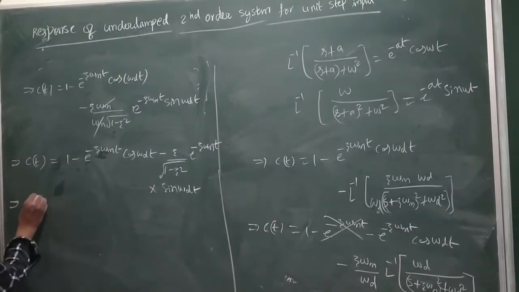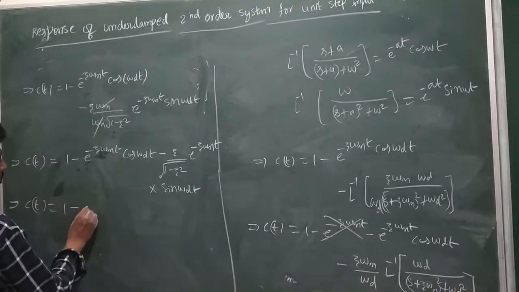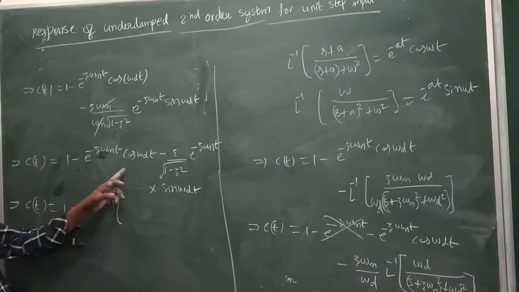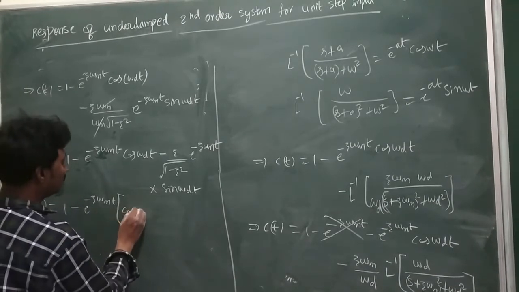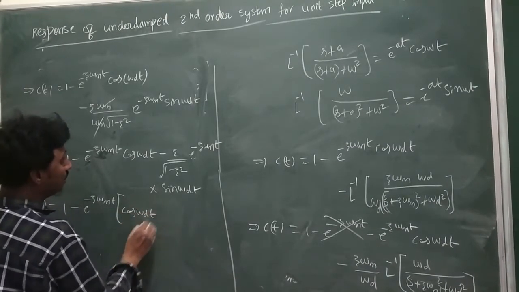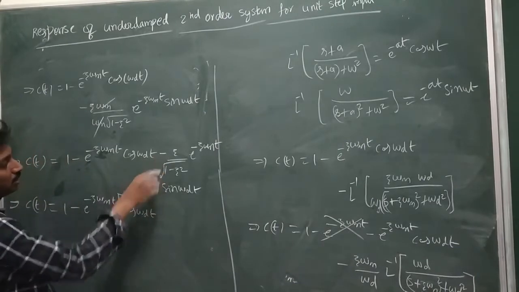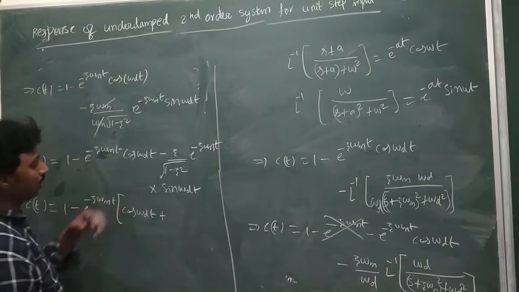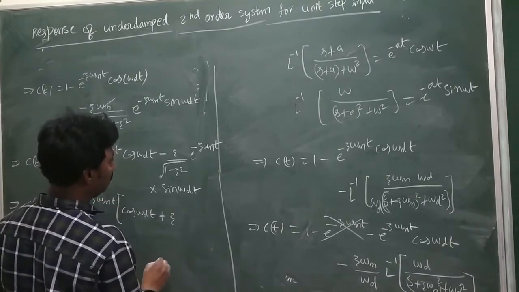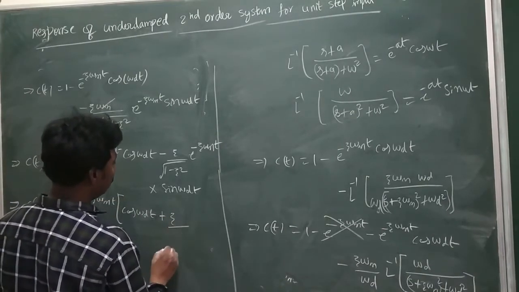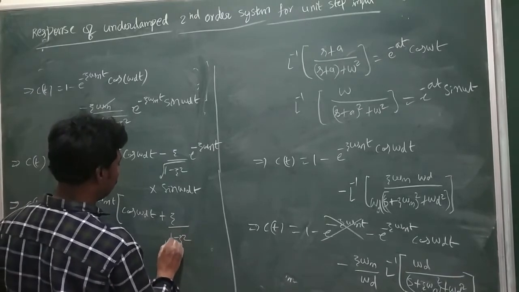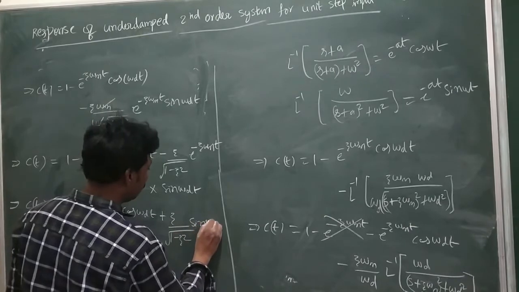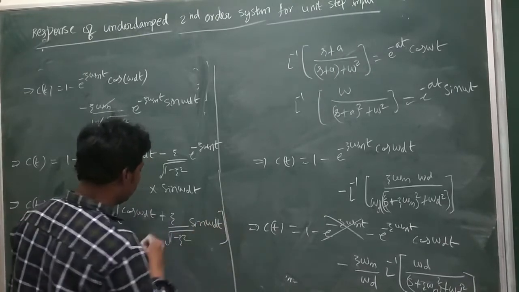So c of t is equal to 1 minus e raised to minus zeta omega n t. When you take the common here, you will get cos omega d t. Since it's a minus I have taken, it becomes plus, right. So plus zeta by root of 1 minus zeta square into sin omega d t.